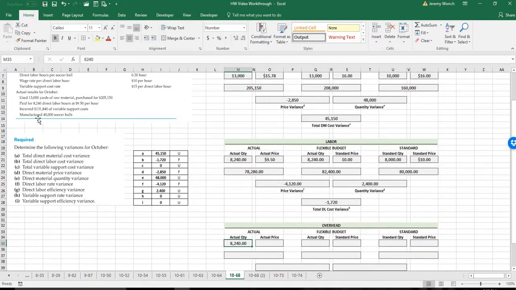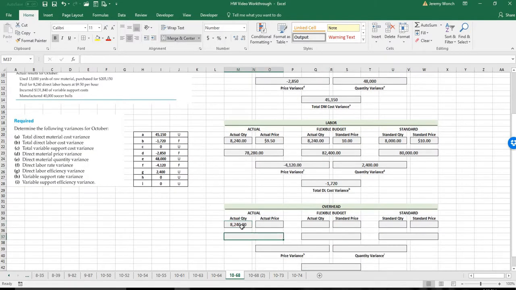And it tells us that the total variable support cost was $131,840. So if we take our total cost divided by our driver, we get $16 for overhead rate.